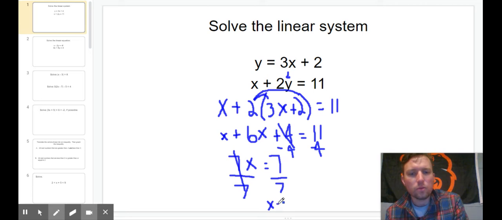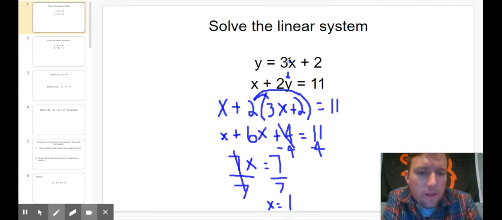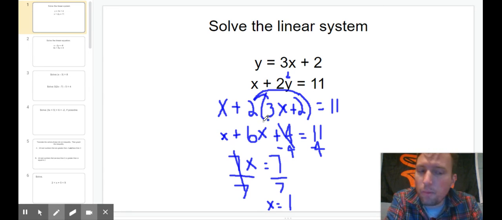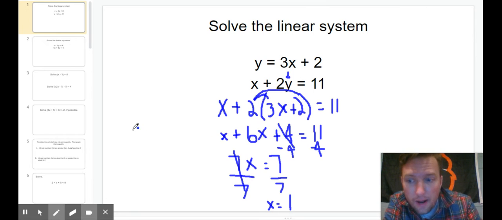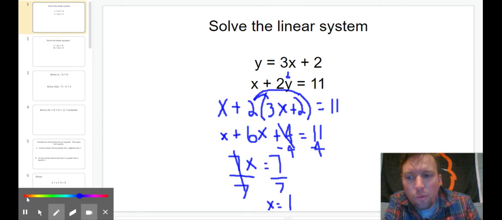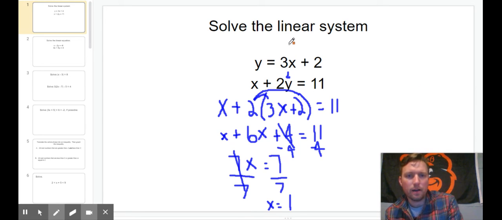X equals 1. Now wait, because we're not finished. We have solved for the value of x, but we have not solved for the value of y. So what do you think we would do now? That's right. We would take our value for x and plug it back into our equation for x.